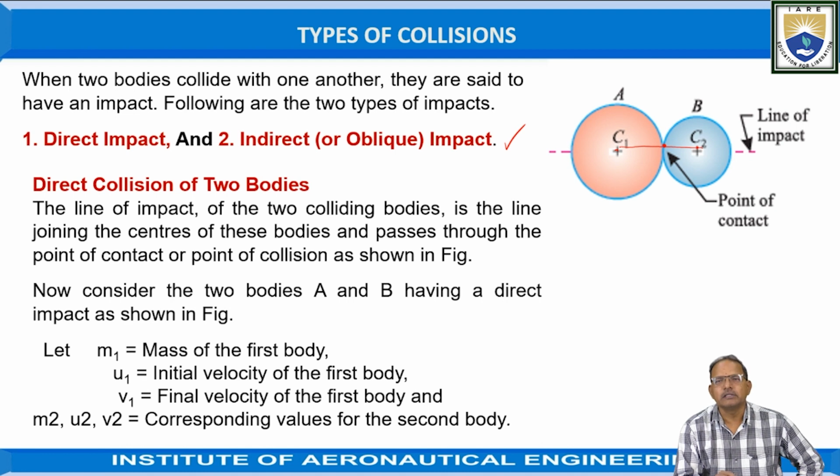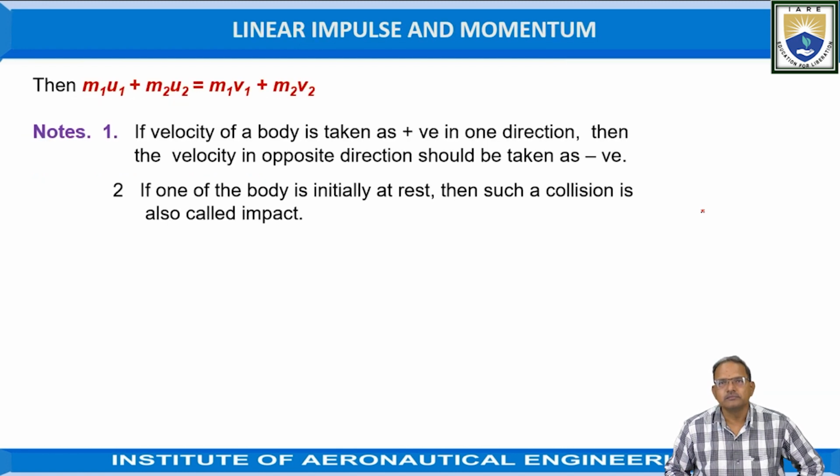If M1 represents the mass of the first body, U1 represents the initial velocity of the first body, and V1 represents the final velocity of the first body after the collision, and M2, U2, V2 represent the corresponding values for the second body, that is B, shown in the figure, then according to the law of conservation of momentum, the momentum possessed by the bodies before the collision is equal to the momentum possessed by the bodies after the collision.